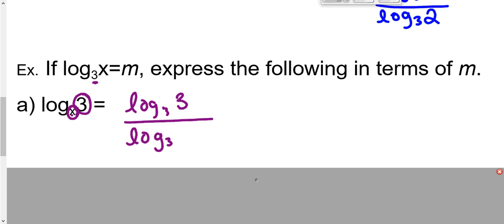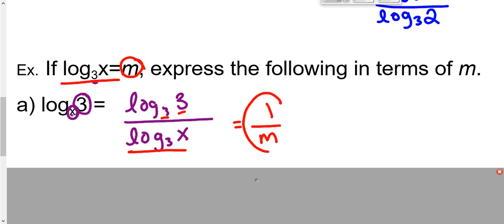The little x goes on the bottom. And then we look at what they gave us. They said log base 3 of x is m. Well, here's a log base 3 of x. That'll be m. Log base 3 of 3, they didn't tell me what that is, but that is a property that I know. When the base and the number you're plugging in match, it's just 1. So our simplified answer in terms of m is 1 over m.